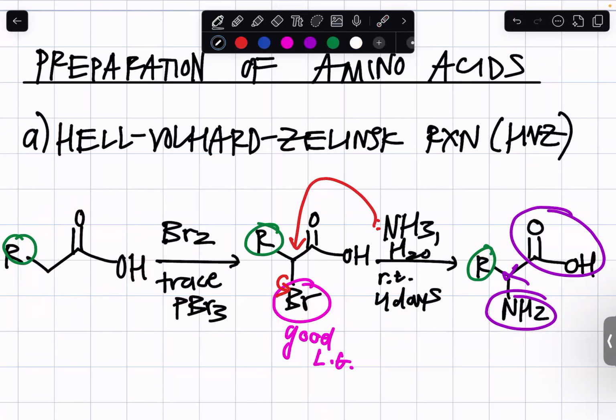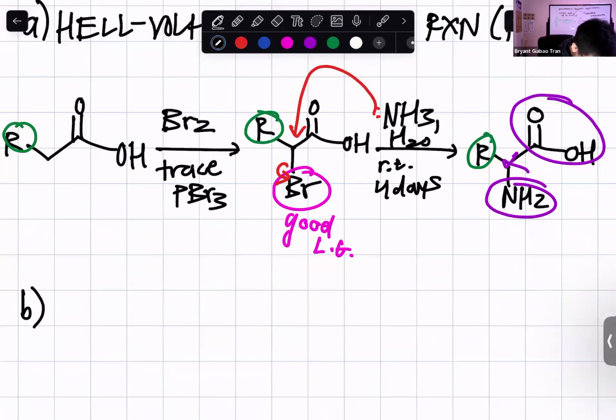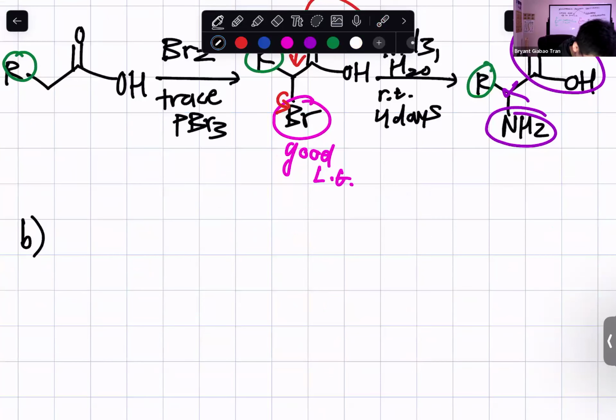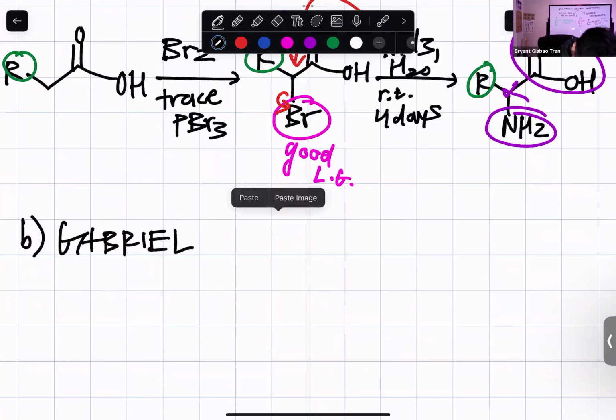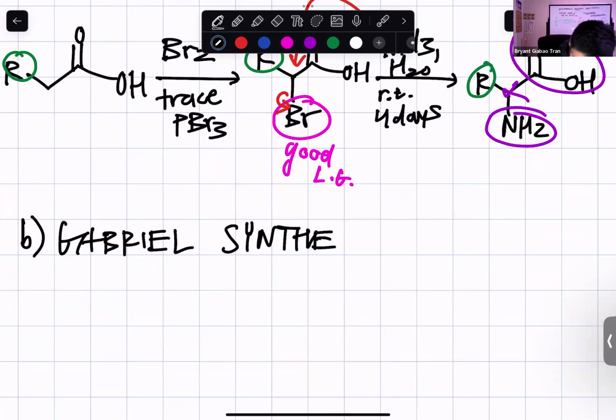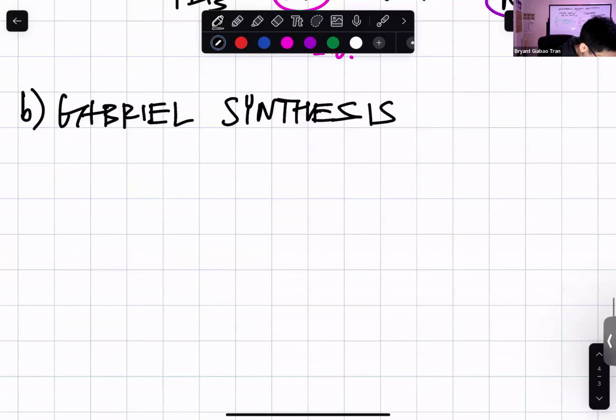Now, the other method to form an amino acid is the Gabriel synthesis, which I think you learned in the amine chapter, chapter 23.